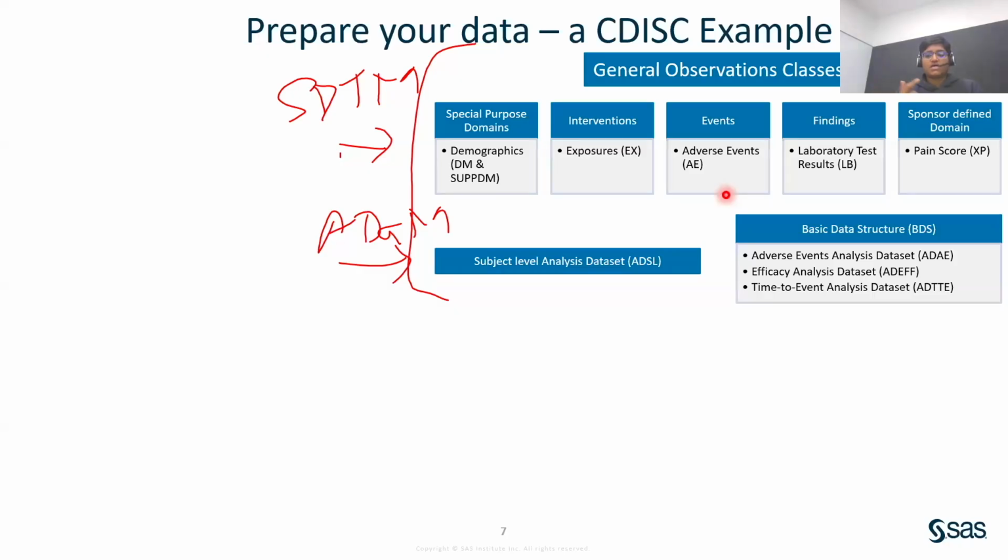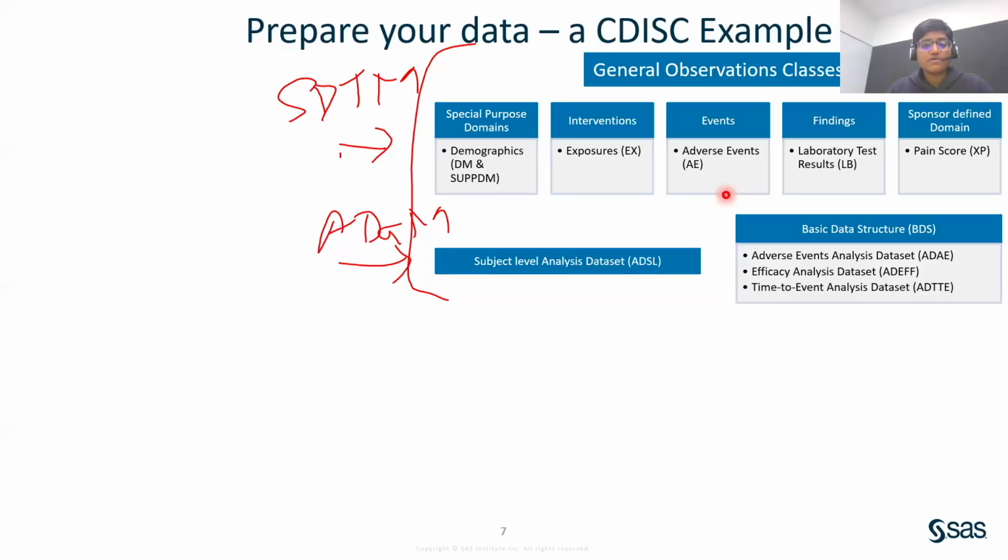But if you think about it, you've got physical examinations, vital signs, simple questionnaires, and a lot of different performance-based tests that can be used in efficacy analysis, which would all reside under very specific domains or very specific tables within the findings general observation class. And over and above this, the SDTM is not going to limit you to working with only the data that they expect from you.